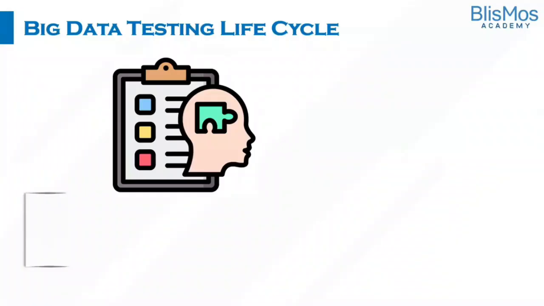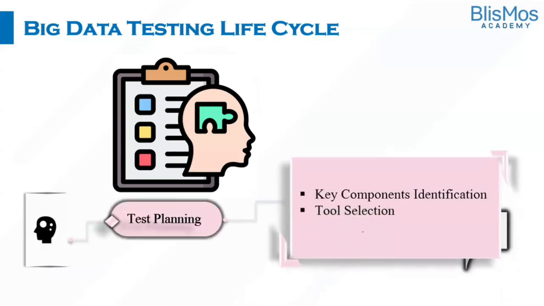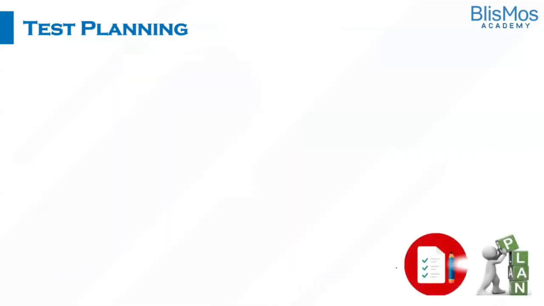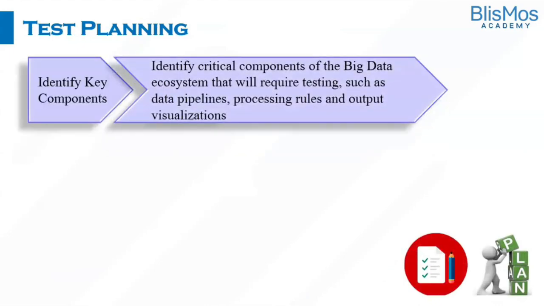Planning is one of the important phases of big data testing, where you will identify the key components, select the tools, and also develop the strategy. In the requirements analysis, you would have scanned through the requirements and understood the sources and targets and the ETL processes.